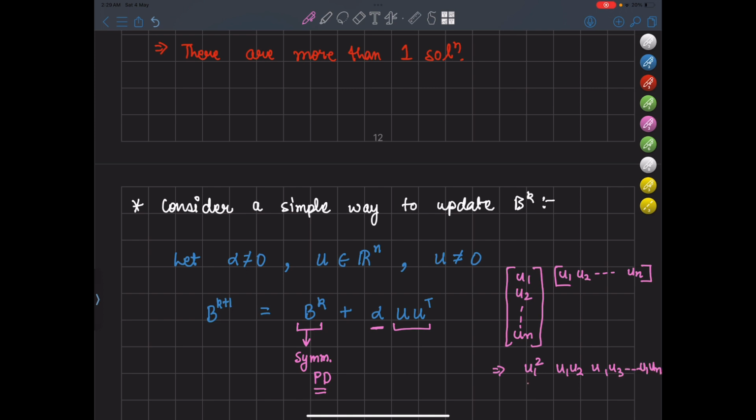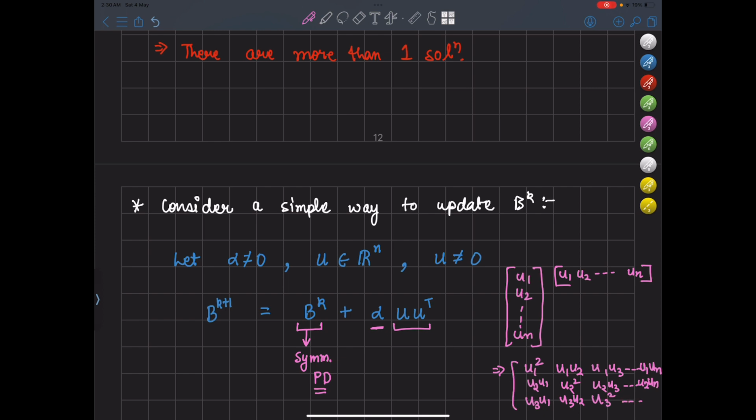What will be the column? u2 u1, u2 square, u2 u3 and u2 un. Then this will be u3 u1, u3 u2, u3 square and so on.